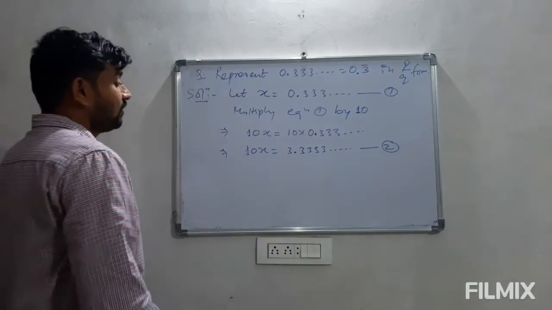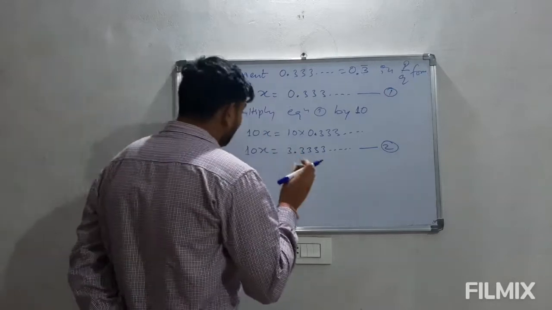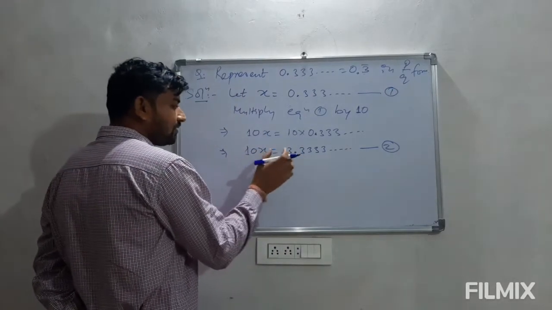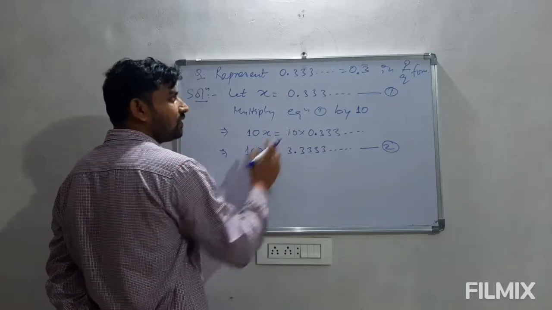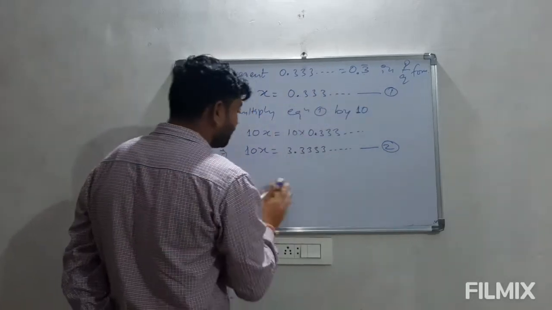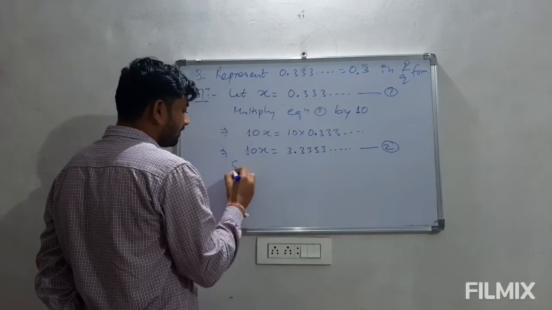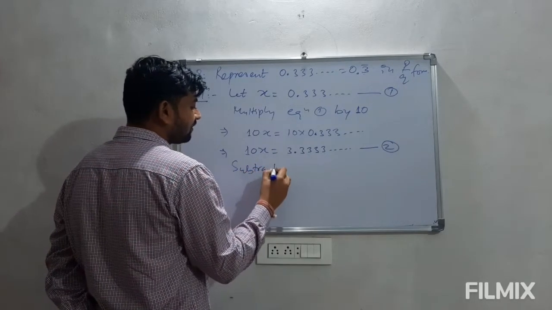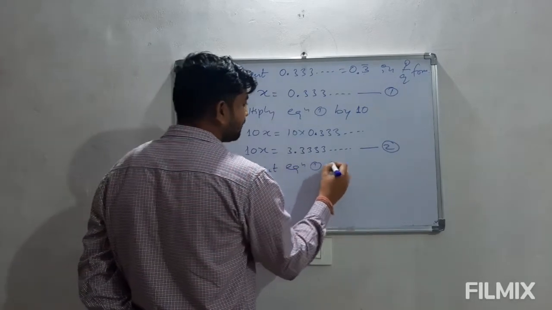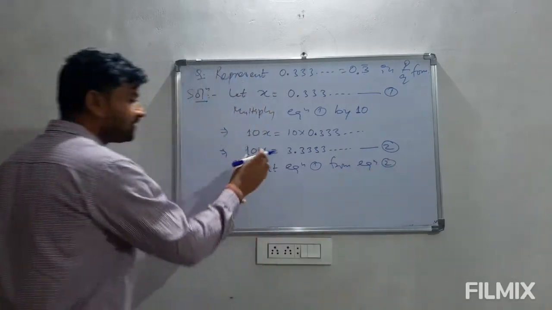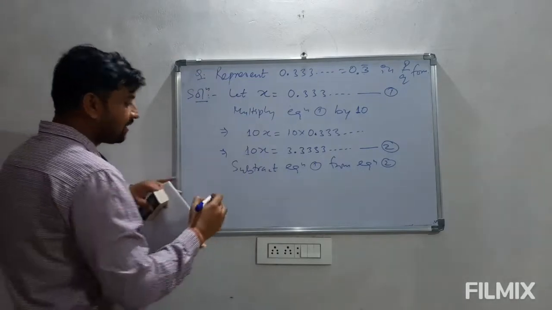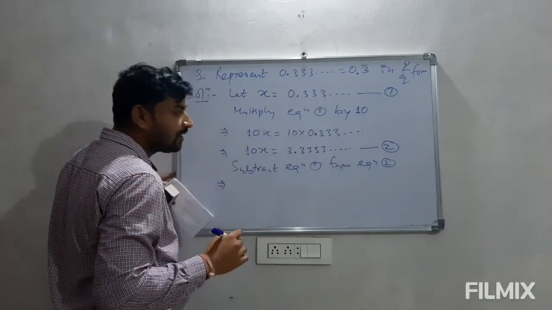Now we have to do a very simple step. If we subtract equation 1 from equation 2, this decimal part will vanish. LHS will be subtracted from LHS and RHS from RHS.